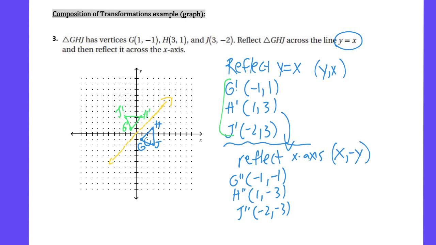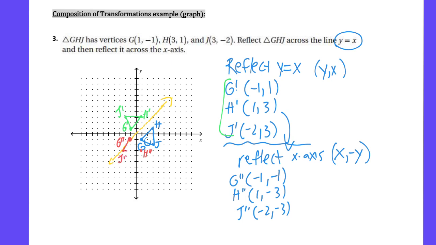Okay, and then we're going to do -1, -1. That's going to be G double prime. And then we're going to do 1, -3, 1, 2, 3 down here. That's going to be H double prime. And then -2, -3 is going to be J double prime.